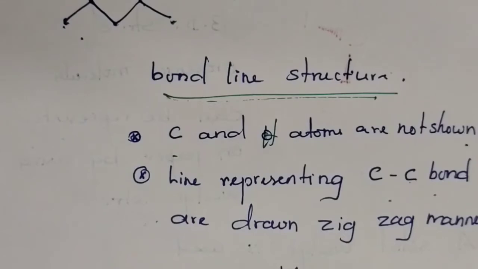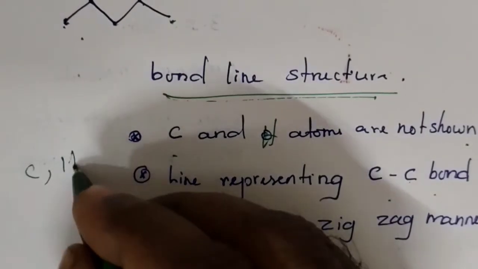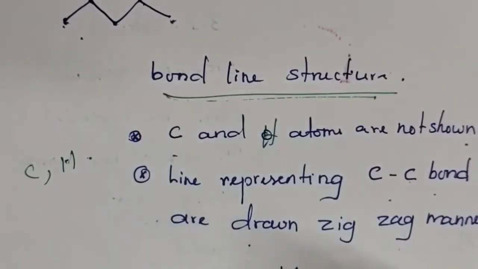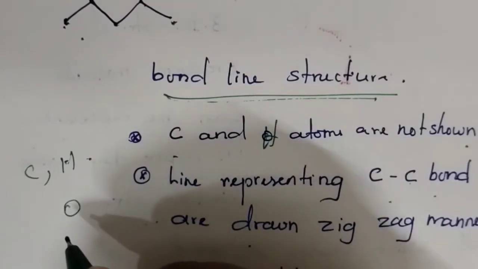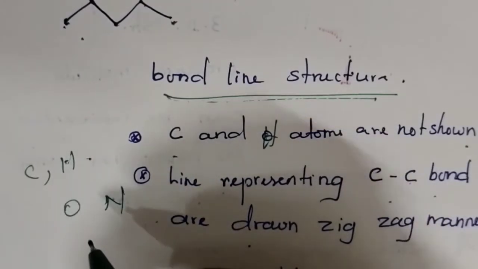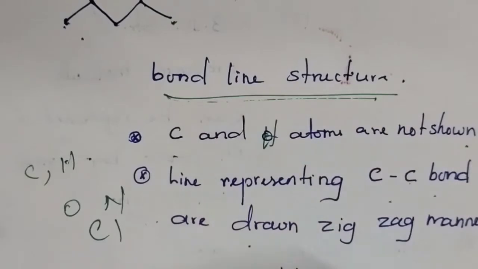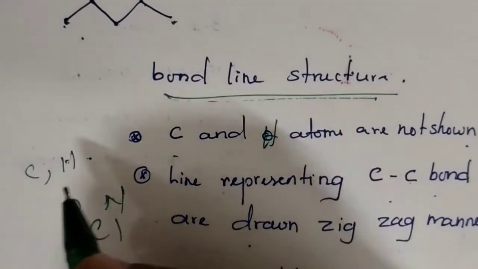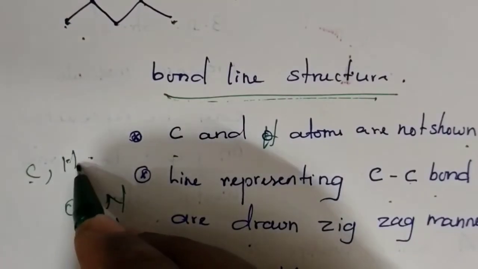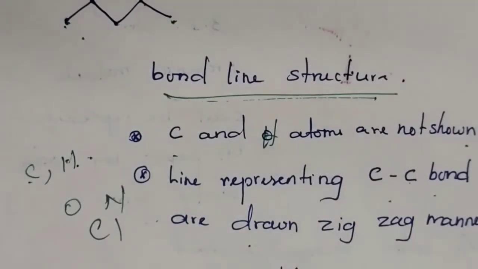If an atom other than carbon and hydrogen is present, we have to represent it. For example, some alcohols contain oxygen, some compounds contain nitrogen, chlorine, bromine, etc. Such atoms, that is atoms other than carbon and hydrogen, we have to represent.